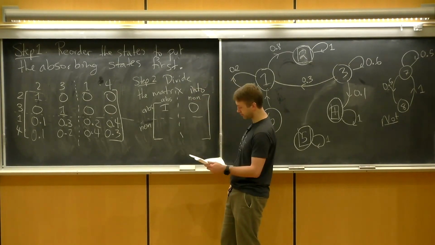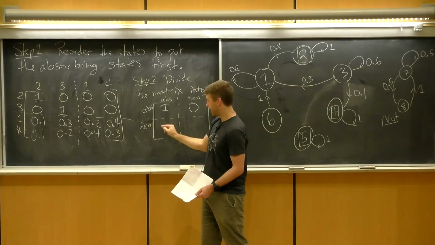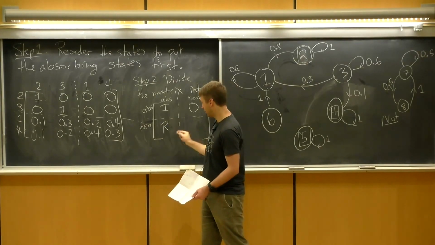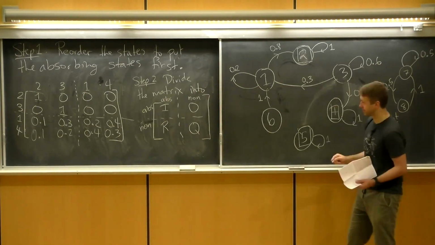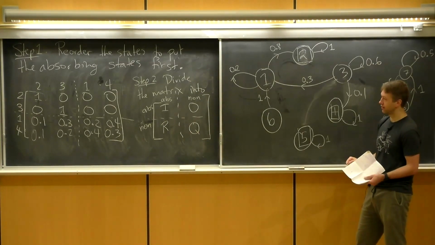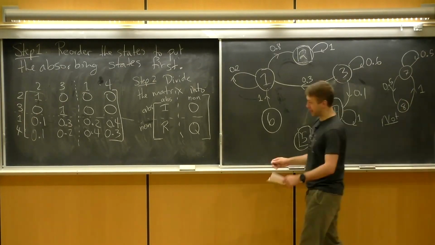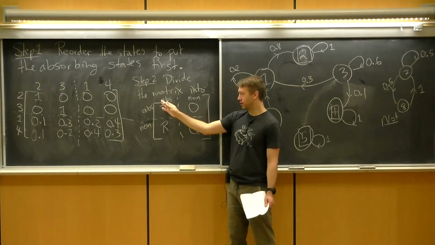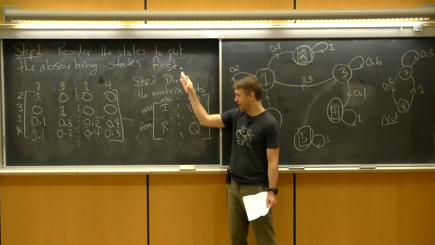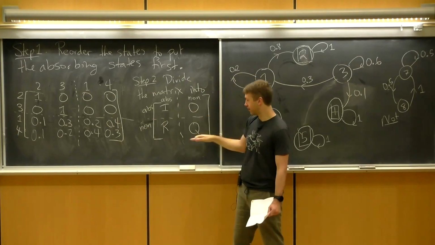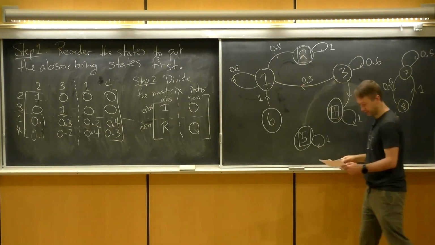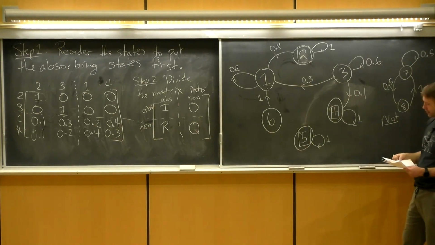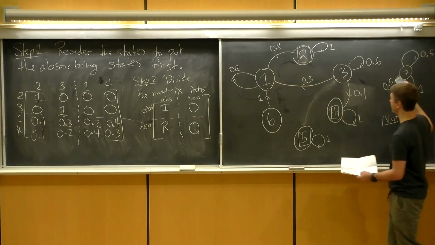Here I've got 0. And here I've got some other matrix, which we'll call R. And here we have another matrix we'll call Q. So basically the division lines, you just determine them by saying, where's my last absorbing state? And we cut it there and cut it there. And then you've got these two matrices sitting here. Okay, so that's my second step.